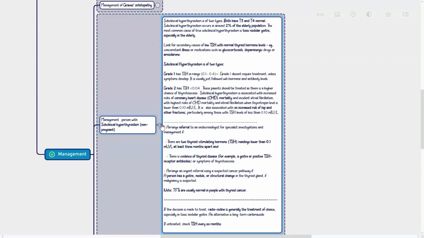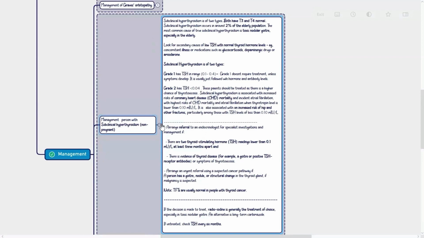Arrange referral to an endocrinologist for specialist investigations and management if there are two thyroid-stimulating hormone readings lower than 0.1 at least 3 months apart, and there is evidence of thyroid disease, for example, a goiter or positive TSH receptor antibodies, or symptoms of thyrotoxicosis.